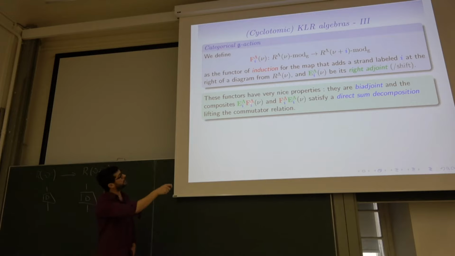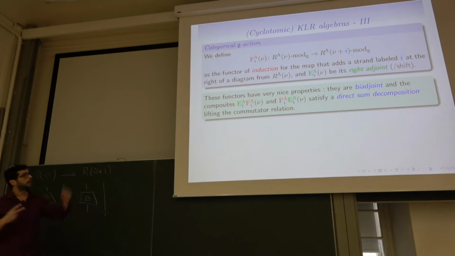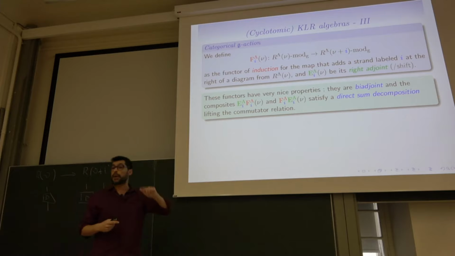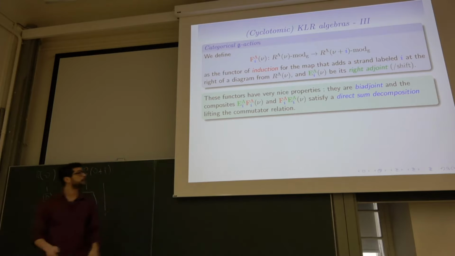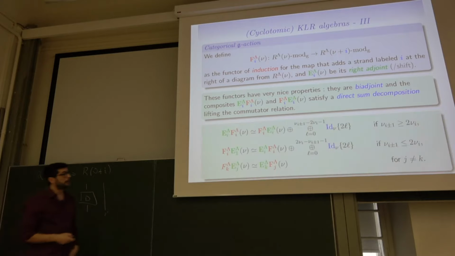This is the SL2 relation, the commutator. Biadjointness implies they are exact, so they automatically induce maps on the Grothendieck groups, and they satisfy an SL2 action, an SL2 relation. We write this like this.